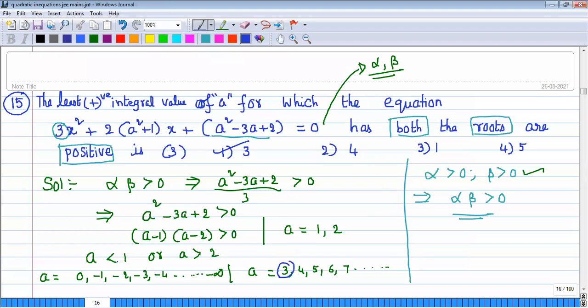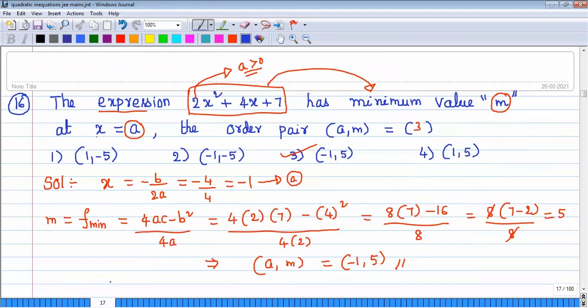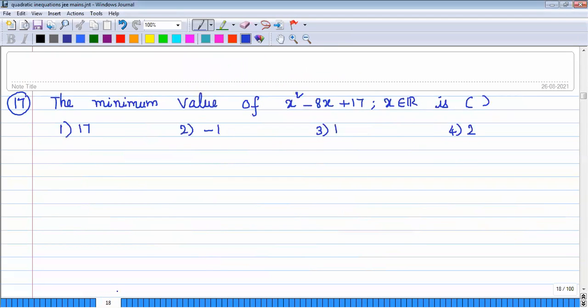So what is the answer? 1. My dear students, here a is equal to 1, which is greater than 0.